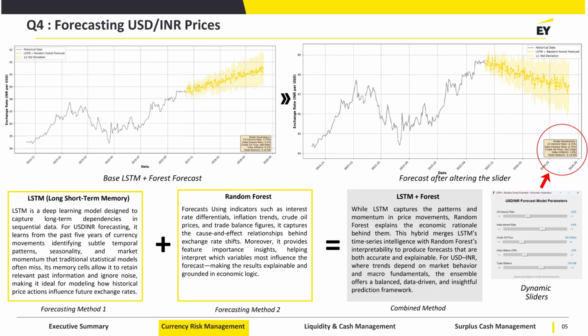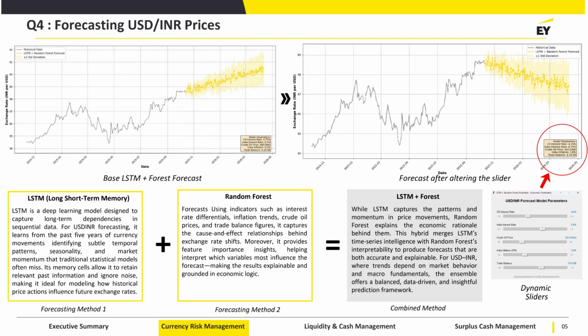Moving on to question 4, where we have built an integrated ensemble that allows us to forecast the USD to INR prices for the next 5 to 6 months. This model of ours is a combination of two fairly commonly used models.